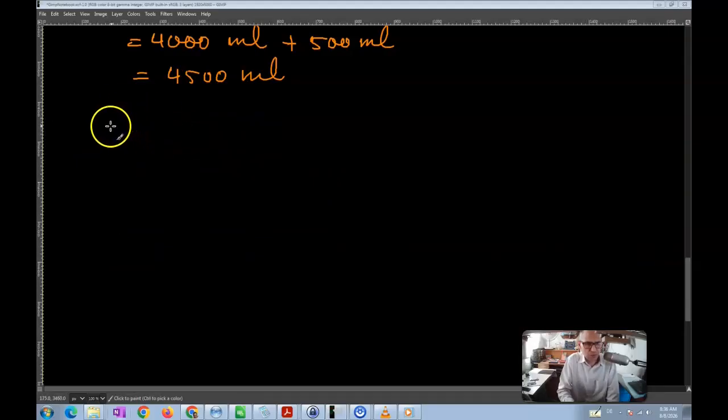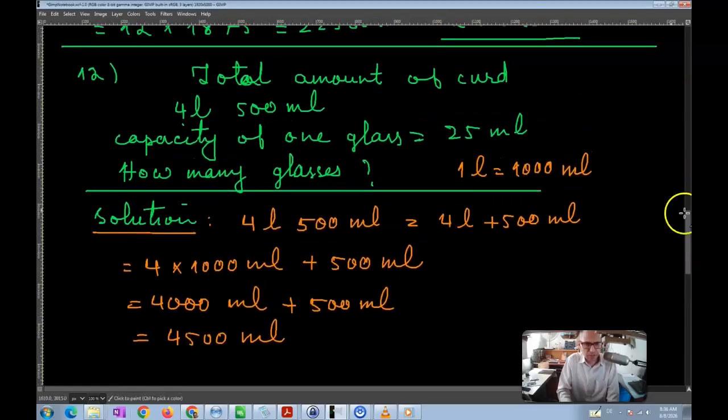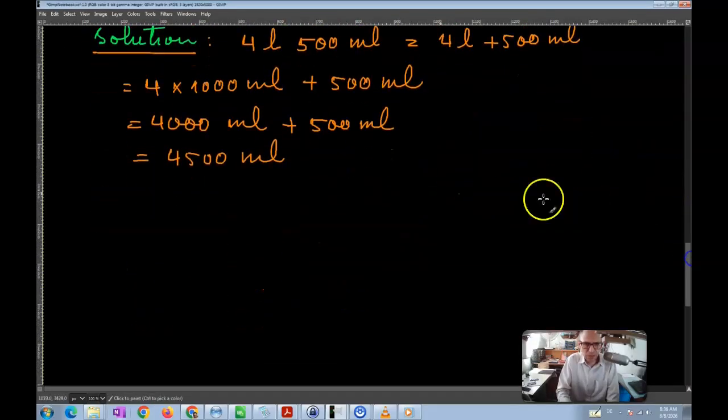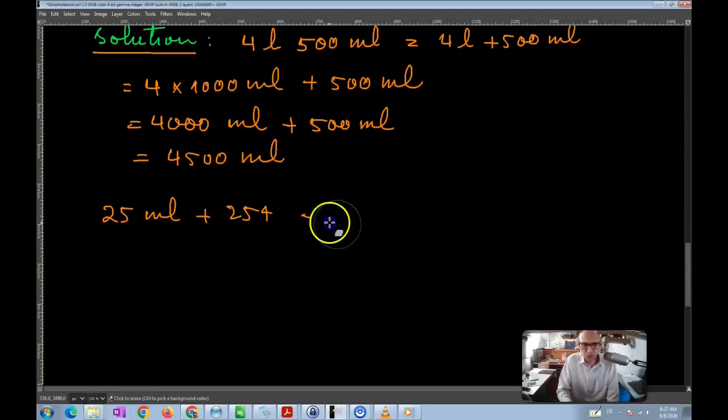The capacity of one glass is 25 milliliters, so you have 25 milliliters plus another 25 milliliters plus another 25 milliliters and so on and so forth.